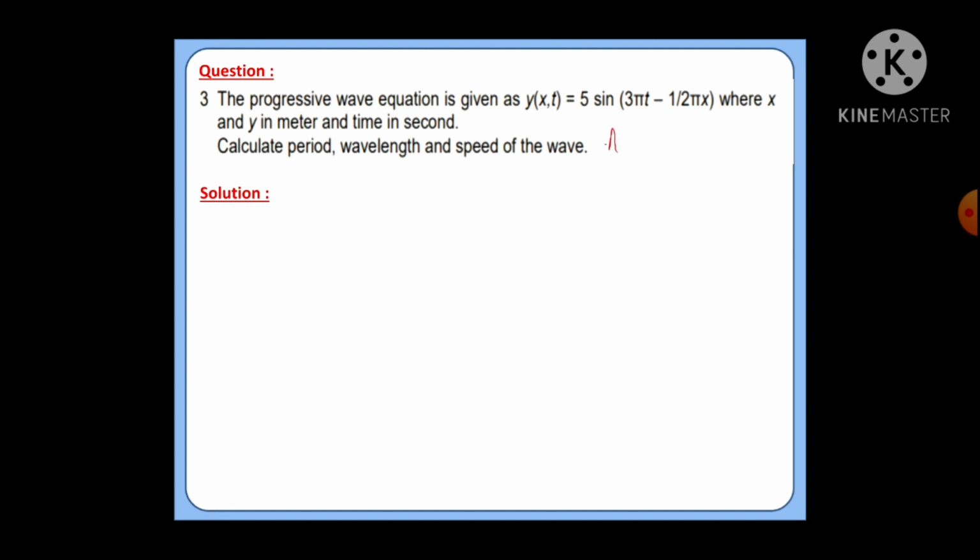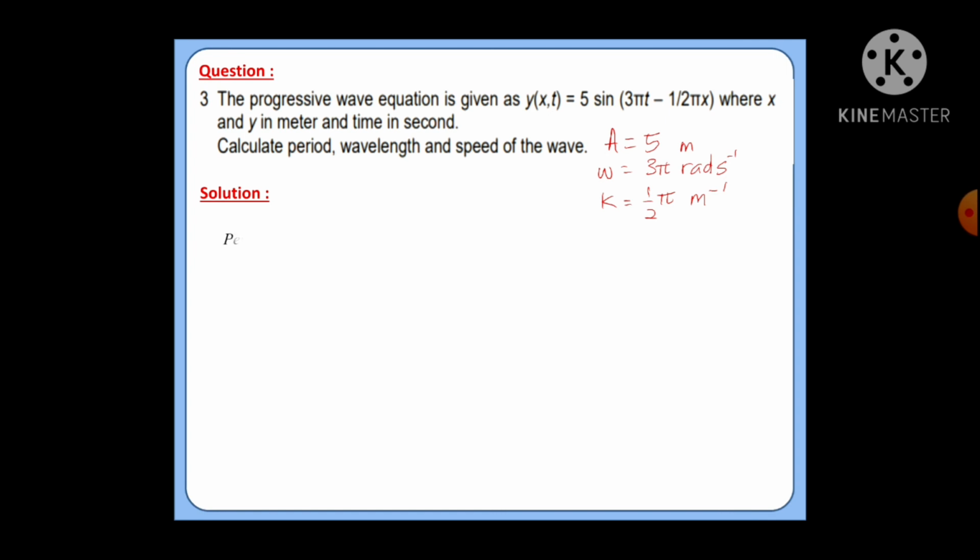For example, the amplitude is equal to 5 meter. The angular frequency is 3 pi radian per second. And we have the wave number k, which is equal to half pi per meter. That's the information that we get from the equation.